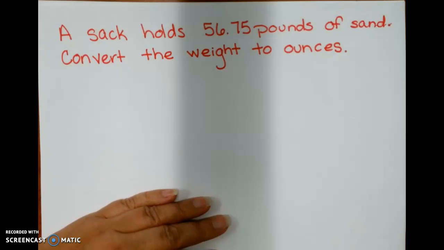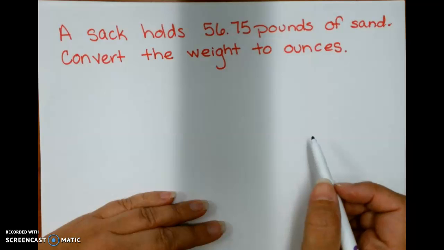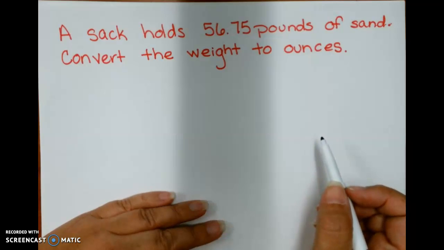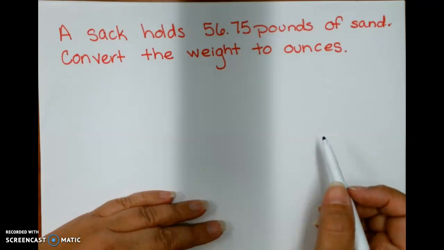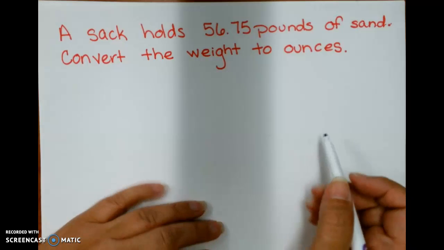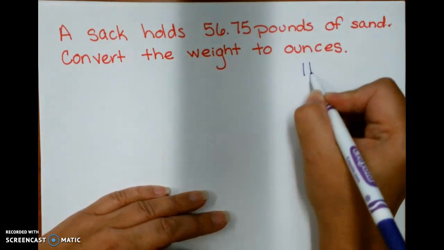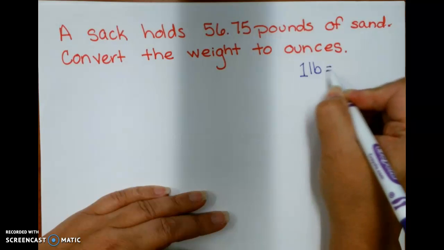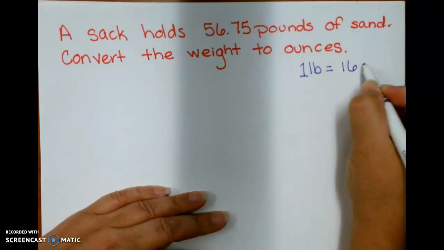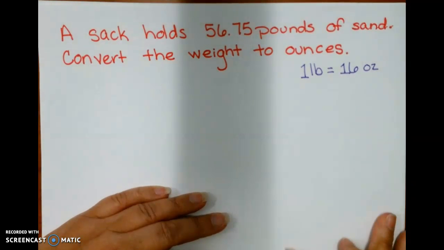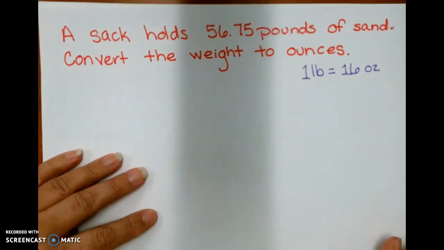We're not using 10, 100, and 1,000, which, if we went on the metric system as a country, would make life a lot easier. Anyway, so a sack holds 56 and 75 hundredths pounds of sand. We want to convert the weight to ounces. So the first thing I need to know is 1 pound equals 16 ounces. Okay, that's really important to know because we're going to have to multiply by that.